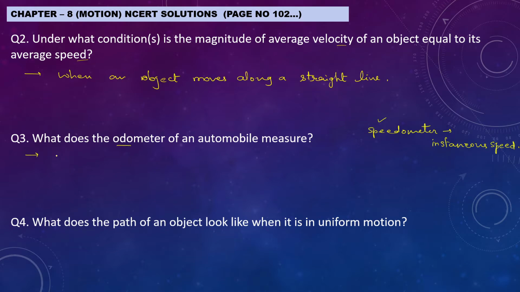And odometer measures the distance traveled. Speedometer gives you the instantaneous speed, and odometer measures the distance traveled by the automobile.